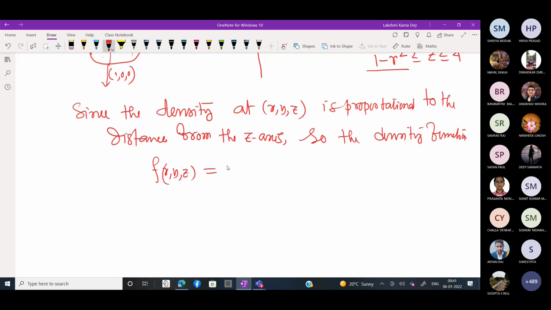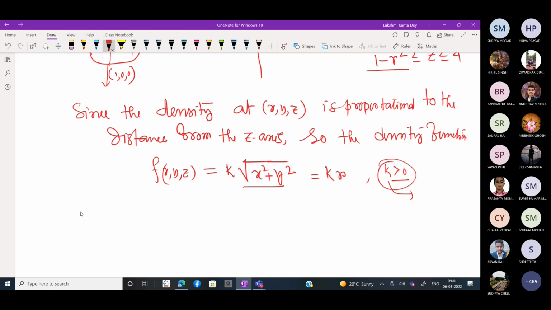It is basically k into square root of x square plus y square. This is the distance from the axis, so k is some constant, so that means it is kr. k is a positive proportionality constant, but it is not known what the constant is. So your mass will depend on the constant.